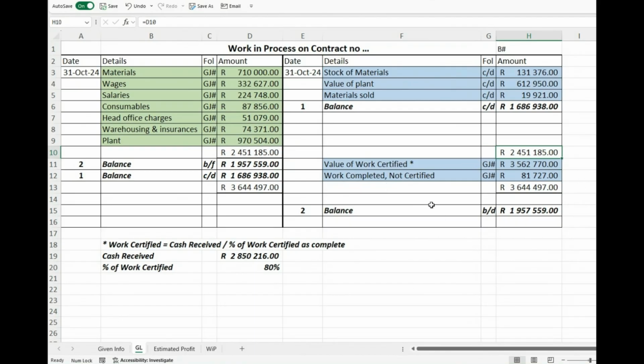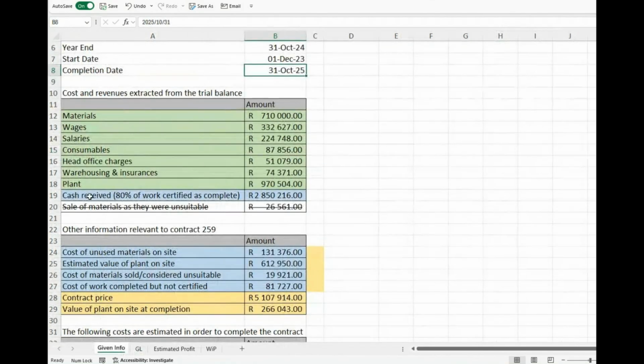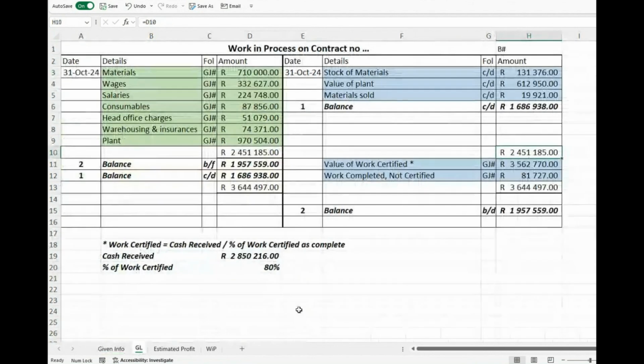Okay, now with regard to the value of the work certified, what do we know? They told us how much money we received, but they say only 80% of this is certified as complete. So what we're going to do here for value, because now it's the value of the work certified, we take the cash received and we divide it by the percentage that is certified, which is 80%.